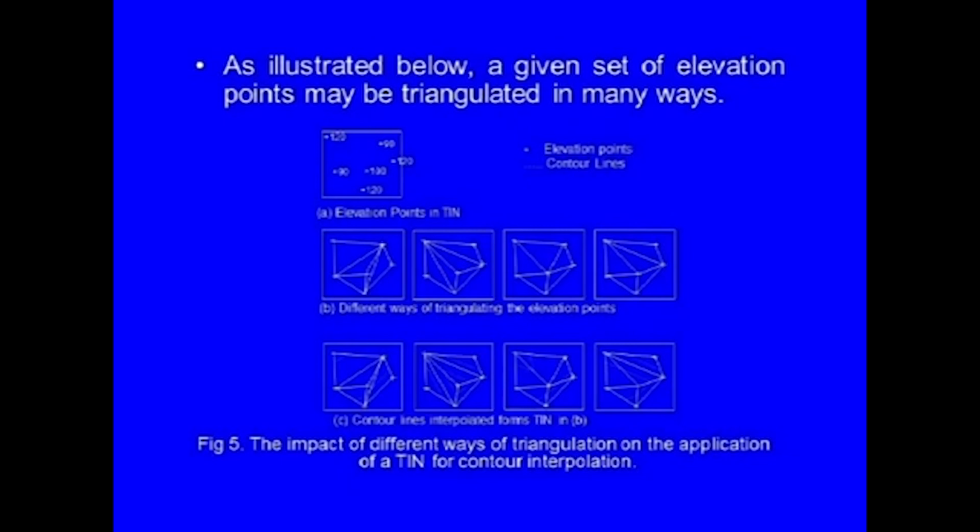However, when representing contour lines by interpolating in the form of TINs, we may find that the contours may also be of a different nature. For example, in the first case, the contours are running parallel to each other at an inclination, whereas in the second case, based on the method of triangulation, it appears there is a peak in between and the ground is in a circular manner around it.